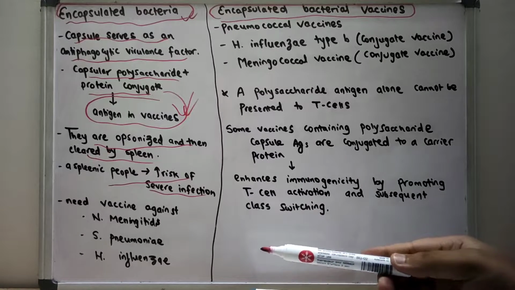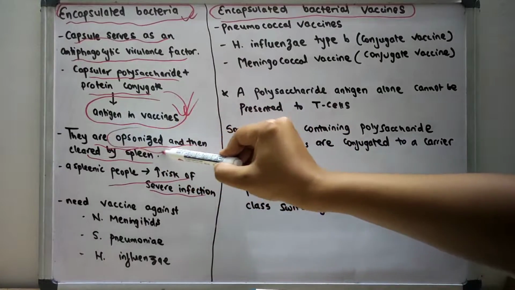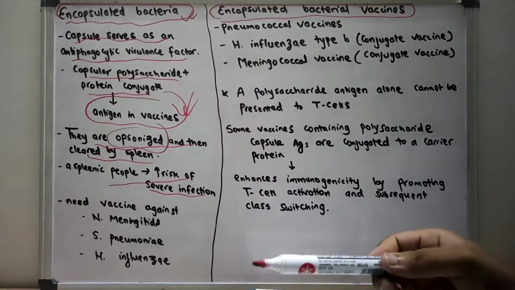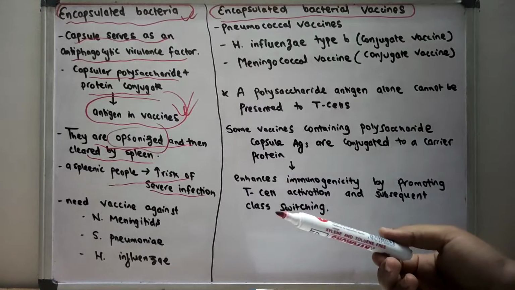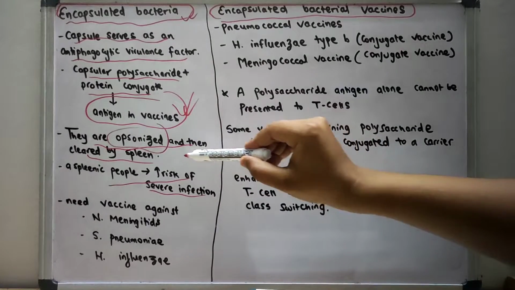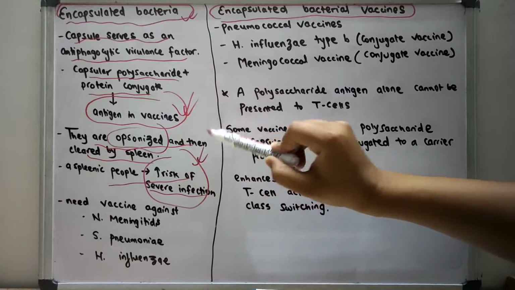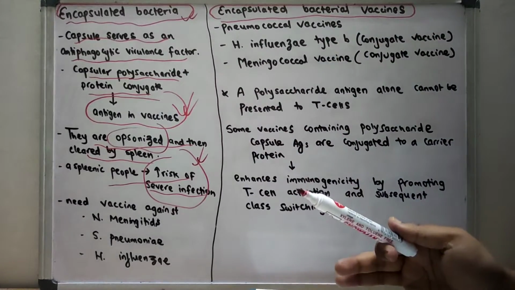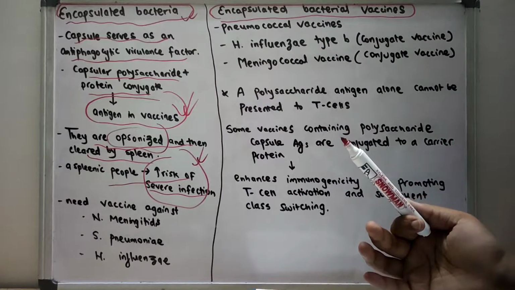Without the spleen, there is an increased chance of infection, because the infected cells cannot be cleared.